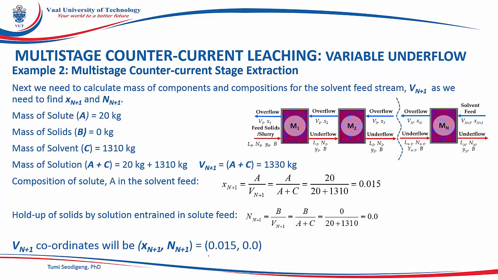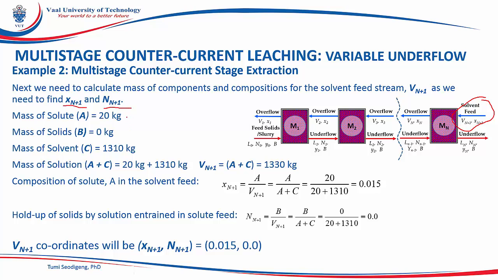The next step, we need to calculate the mass of components and compositions for the solvent feed stream, which is the Vn+1 stream, this stream here. We need to find the coordinates for that, which means that we need to find xn+1 and Nn+1.